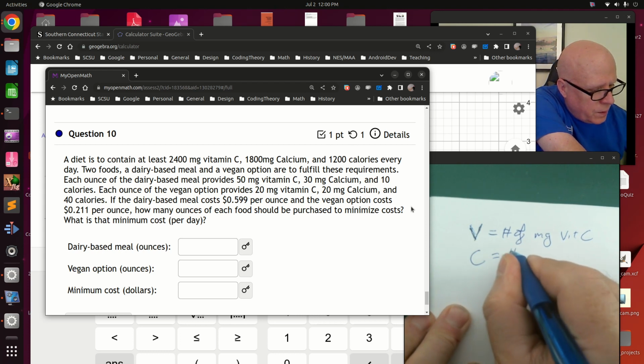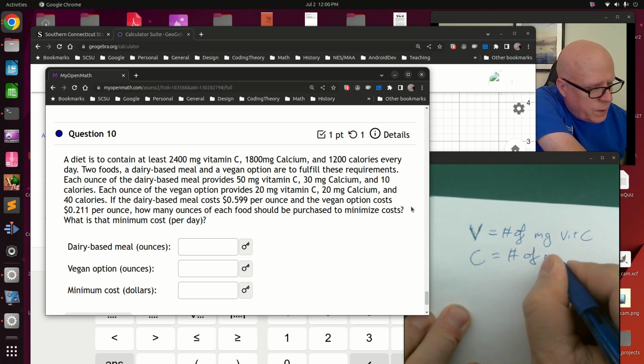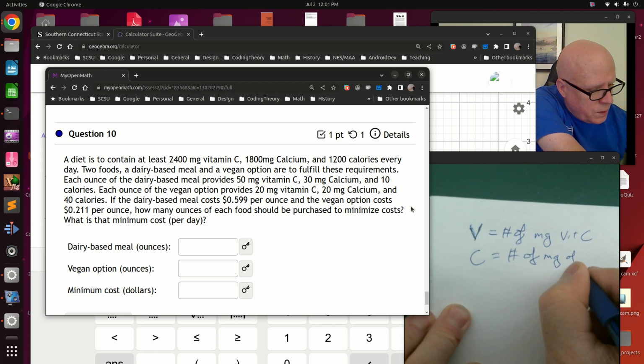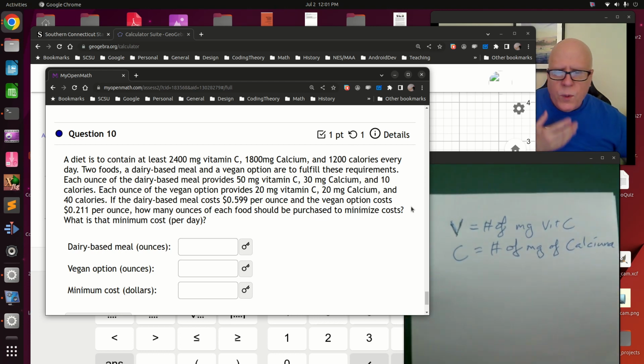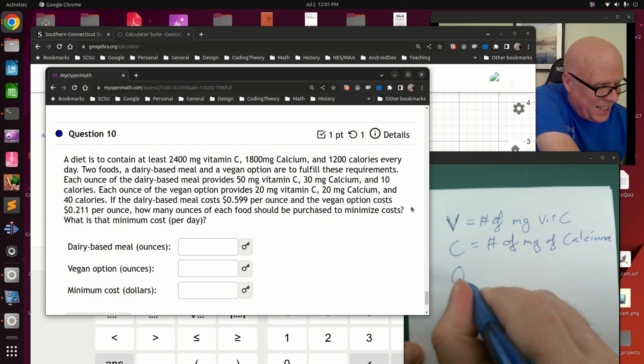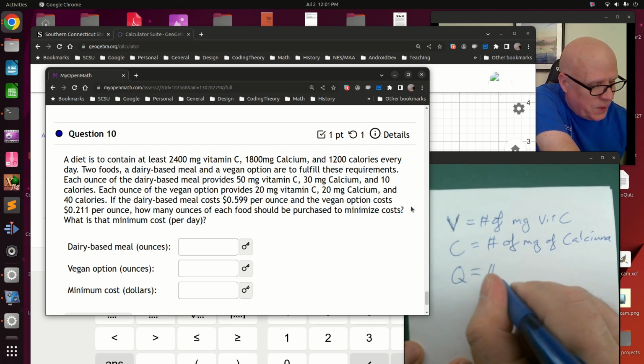So there'll be the number of milligrams of calcium. Oh, spelling issues. And then we need to have another variable for calories. So how about Q? I don't know what to do. Q is the number of calories.